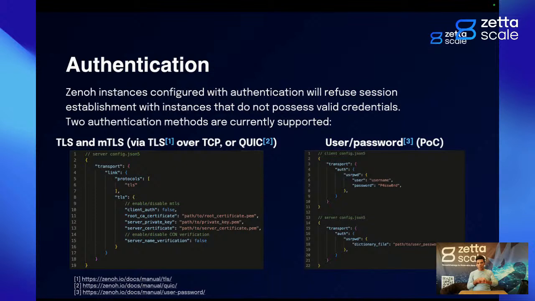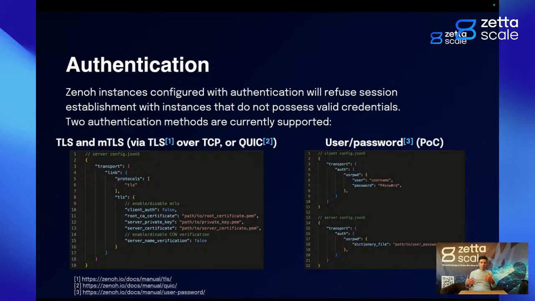You can do authentication based on a secure transport, using TLS or mTLS if you want mutual authentication, or QUIC, which again can have symmetric or asymmetric authentication. The other approach is to enable our authentication plugin. As of today, you could develop your own, but we provide just user and password as an example.